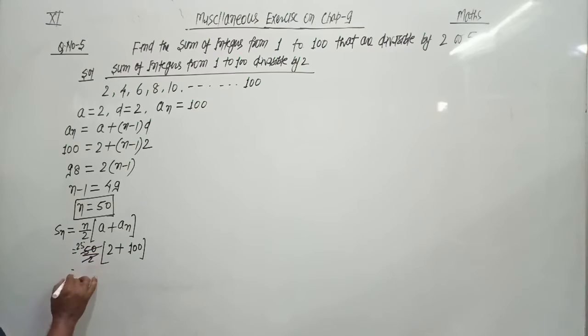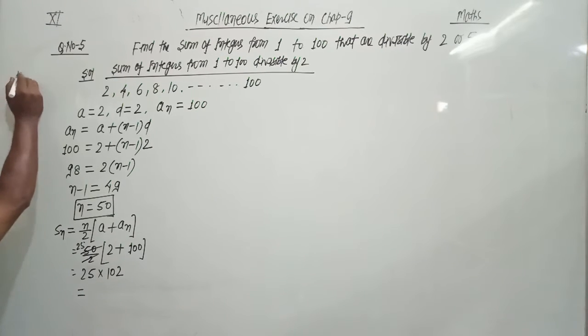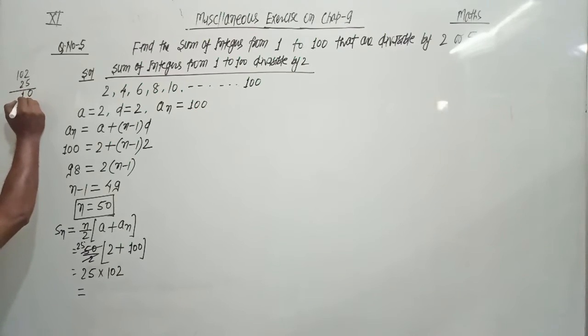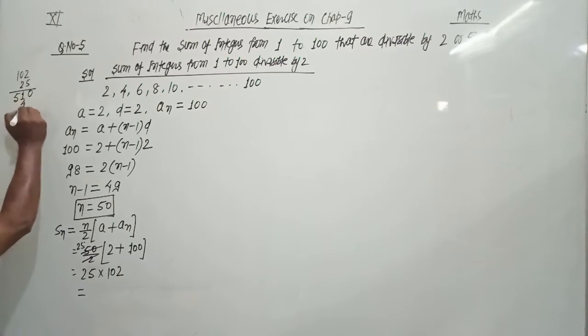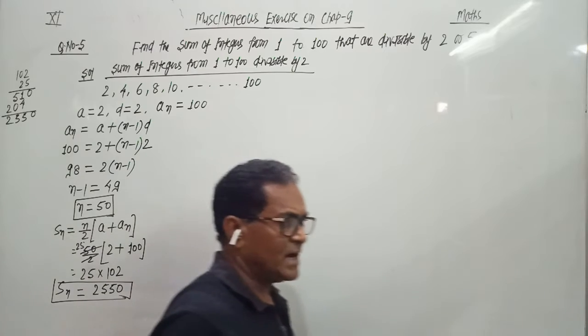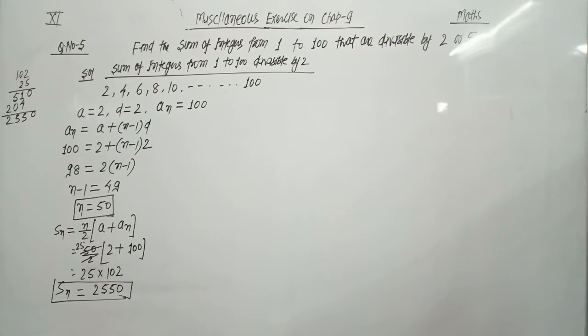So it gives 25 into 100 plus 2, 102. 102 multiplied by 25 gives 2550. This is the sum of integers from 1 to 100 that are divisible by 2.